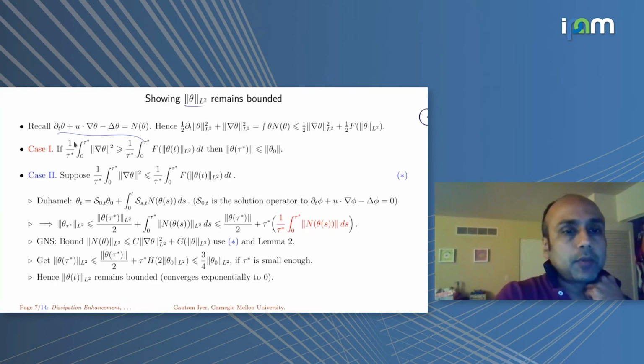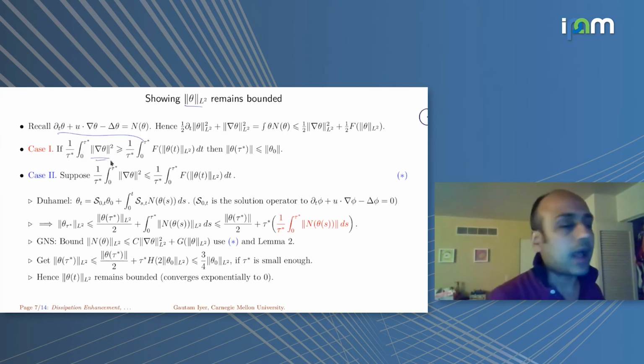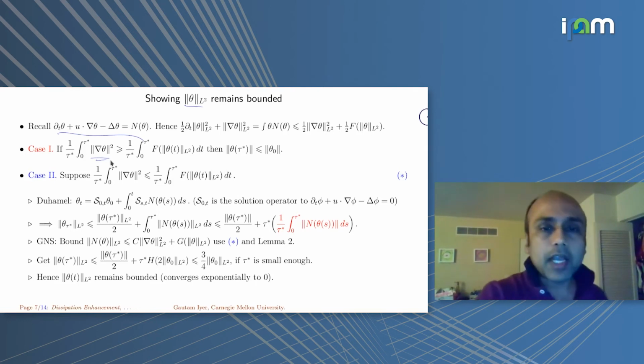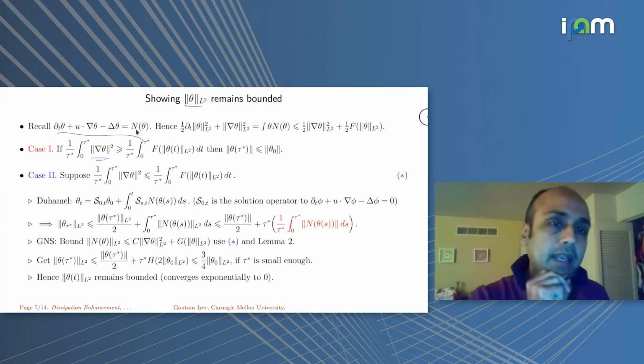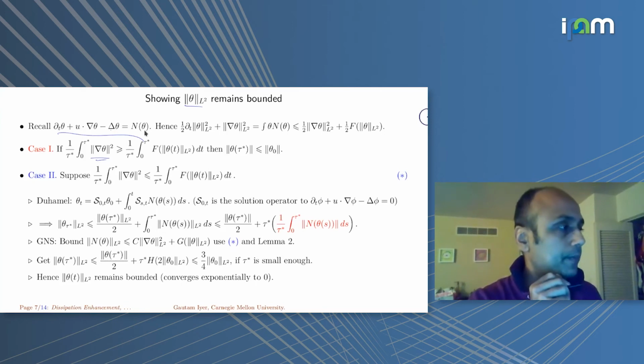Suppose 1 over tau star times the integral from 0 to tau star of the gradient squared is large. Why am I doing this? Let me take a look. We have dt theta plus u dot grad theta minus Laplace theta equals n. How about we just multiply this equation by theta and integrate?